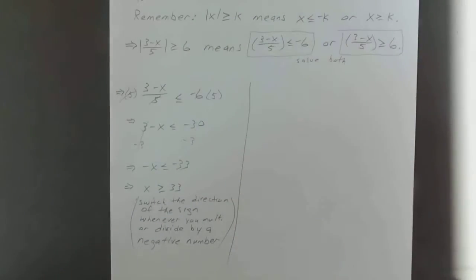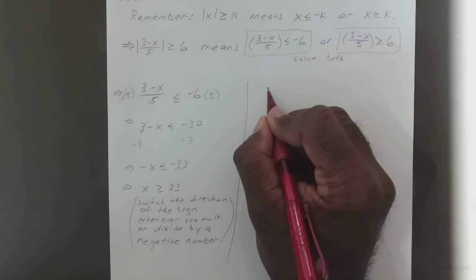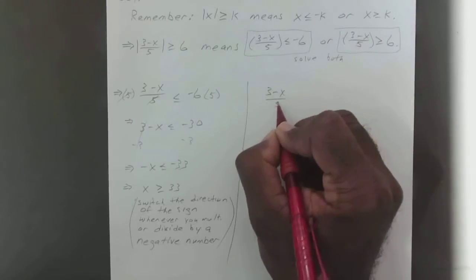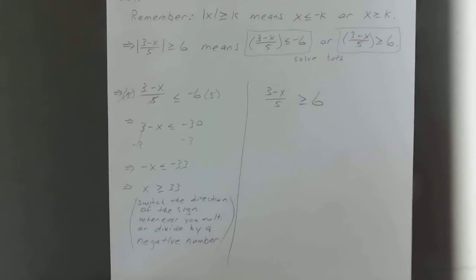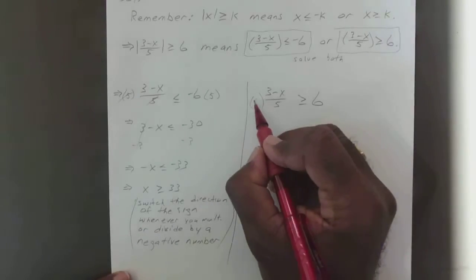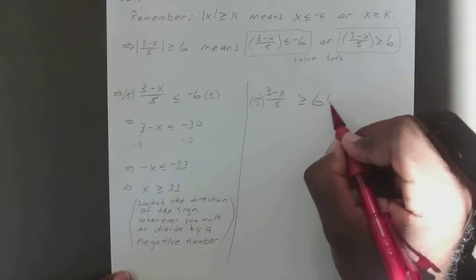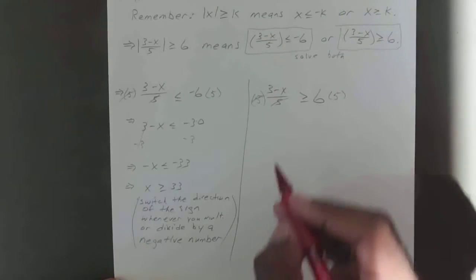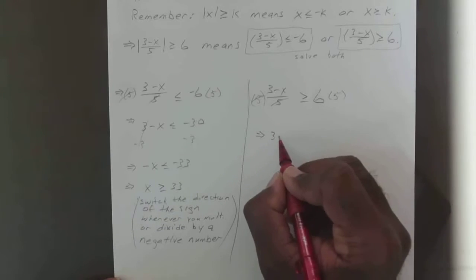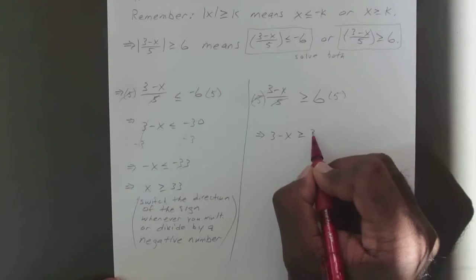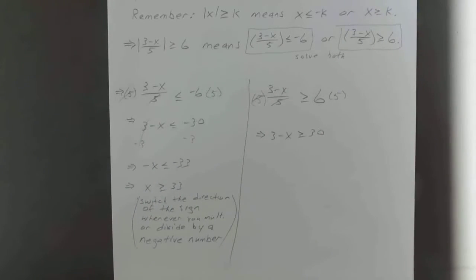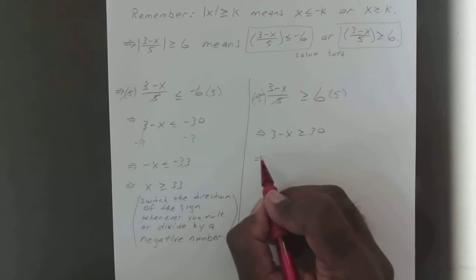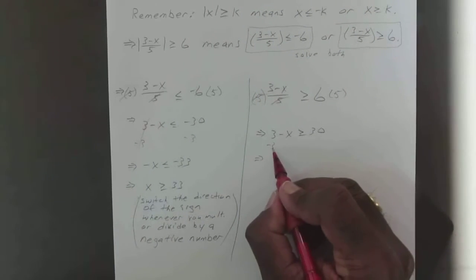Alright, so now solve this one. 3 minus x over 5 is greater than or equal to 6. Again, multiply both sides by 5. Those two cancel out, so you have 3 minus x is greater than or equal to 30. Subtract 3 from both sides.